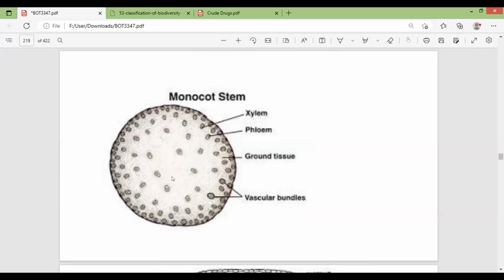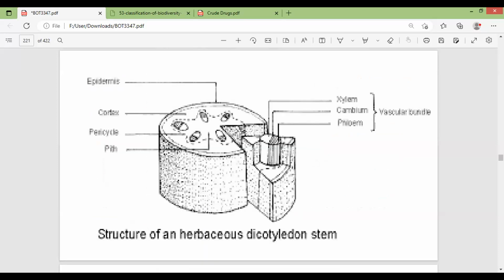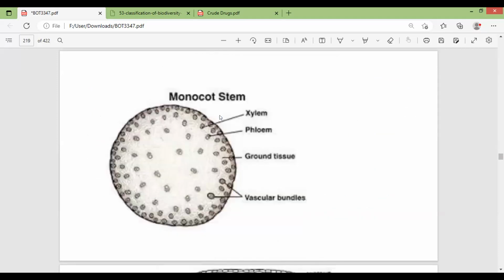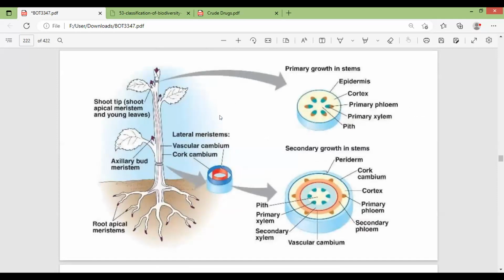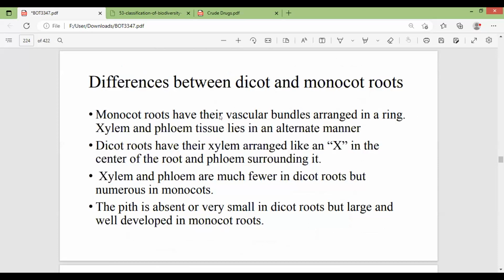You're seeing it's all scattered. This is a dicot stem, there's a ring shape here, but in the monocot, it's all scattered.